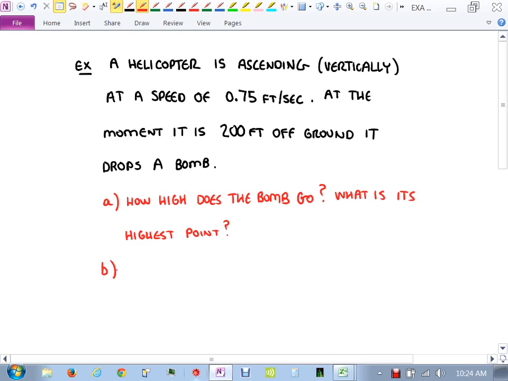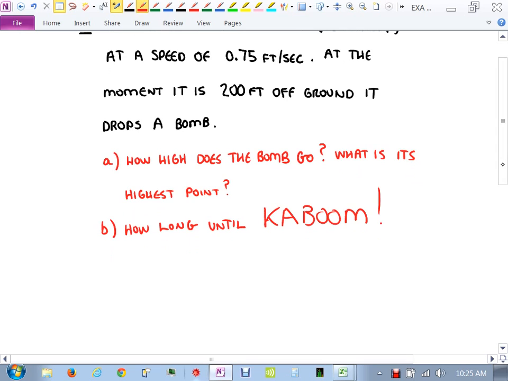And then part B, how long until ka-boom? That means how long till the bomb hits the ground, right?